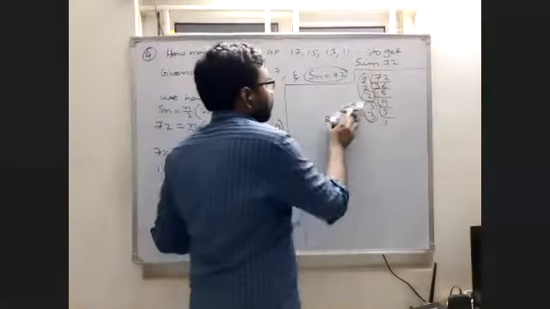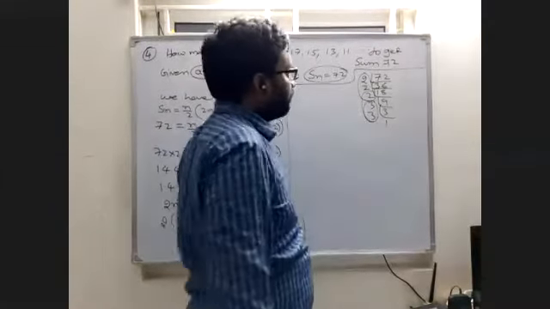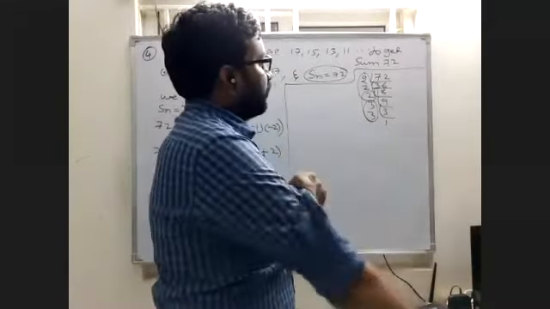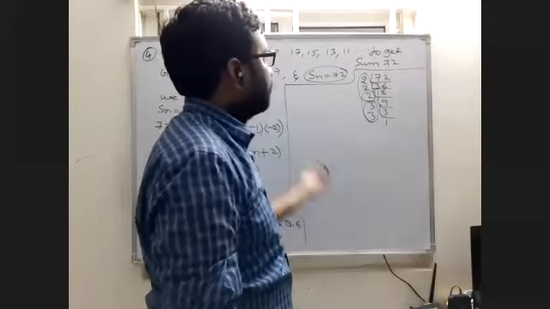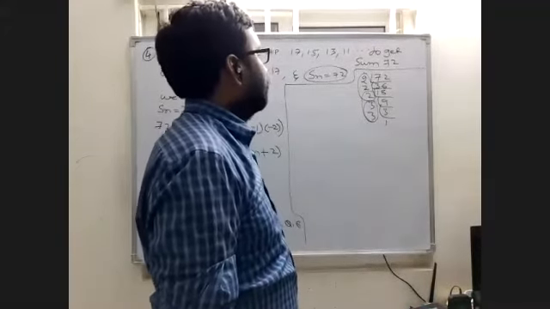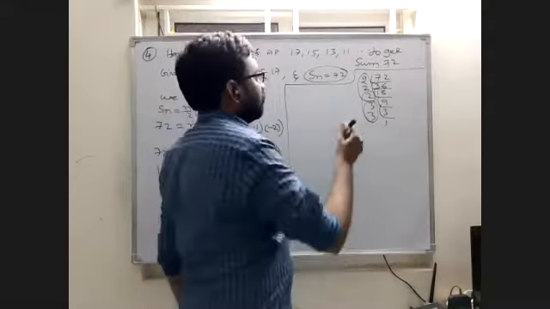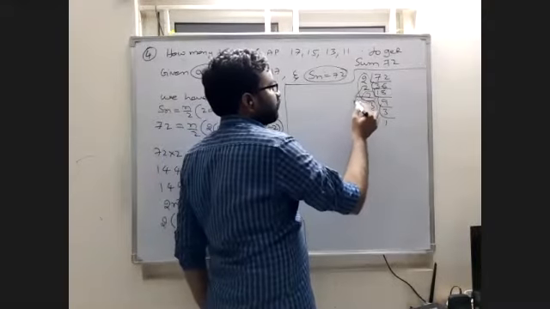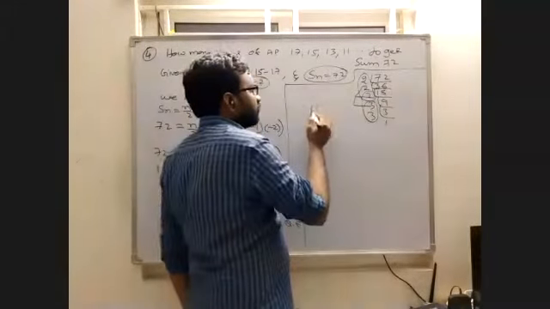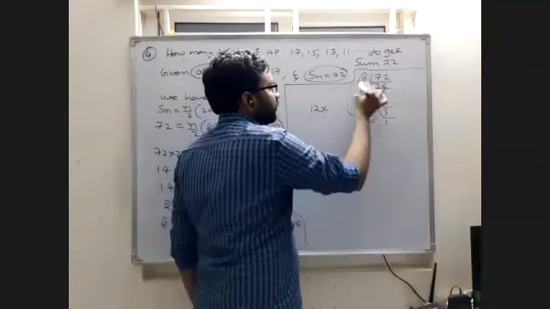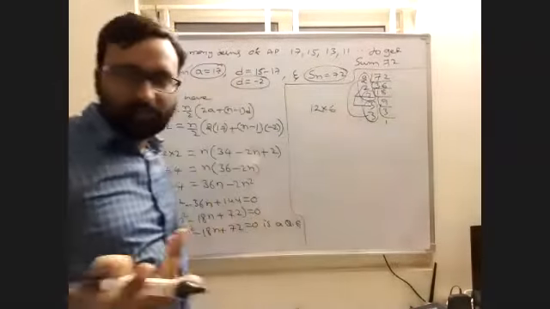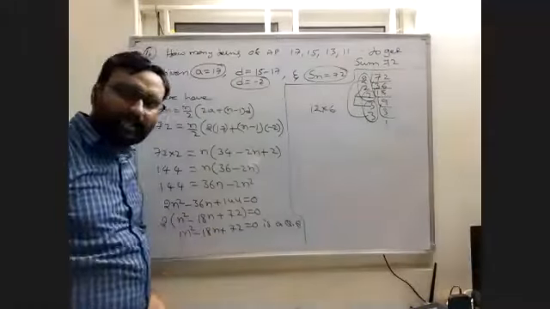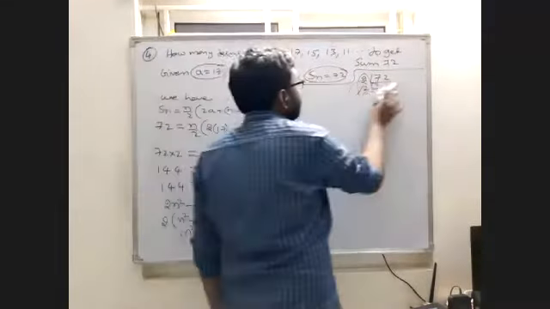So let us try again: 12 into 6 is 72, and 12 plus 6 is 18. Yes, we got 12 and 6.